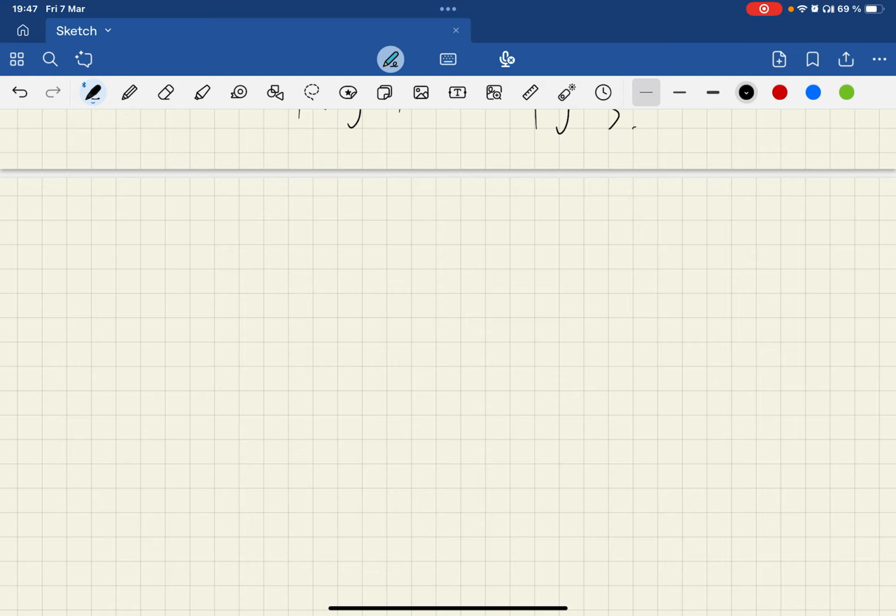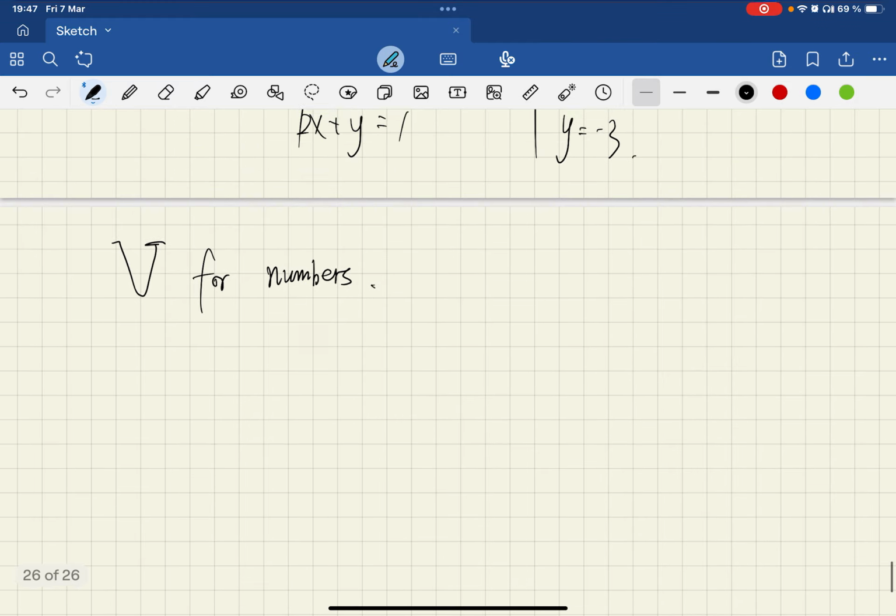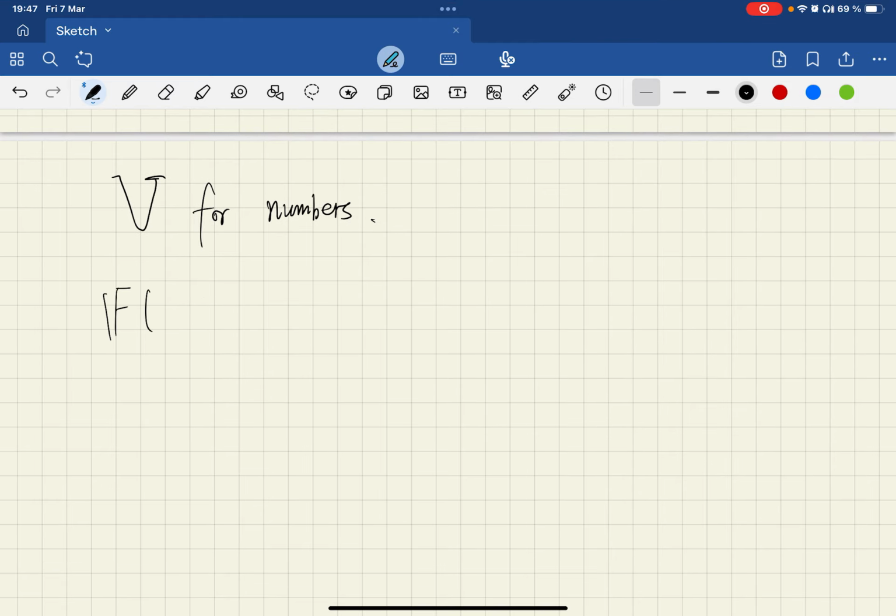And if we have the vector space for numbers, we can have a vector space for functions, which we specify in this course as real-valued functions, which take a real number to another real number.